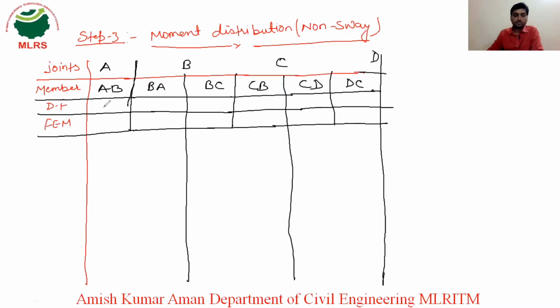Now coming to the distribution factor: for AB, nothing is there. For BA, it is 3/5. Here it is 2/5. Here it is 1/2. Already calculated these things. Now coming to fixed end moments. What are the fixed end moments for AB? For AB, nothing.